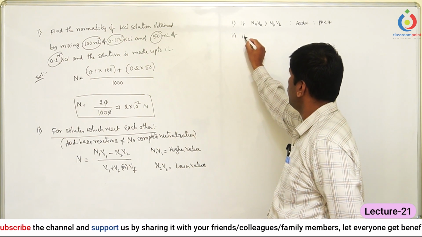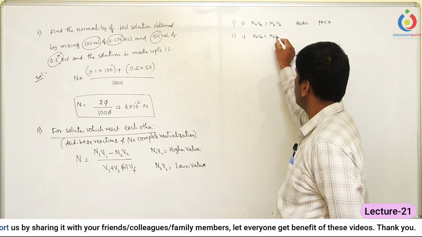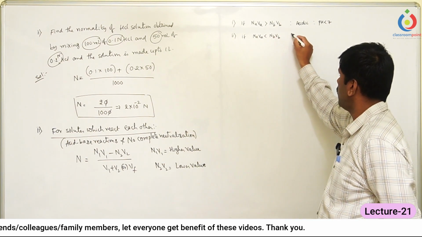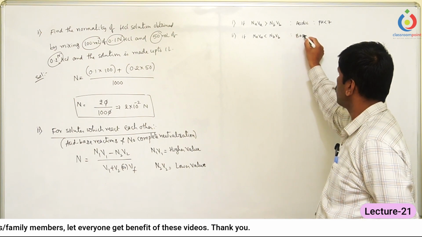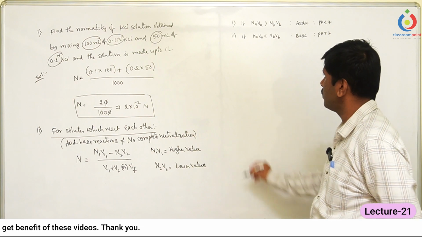Next, if the normality and volume of the acid is less than that of the base, so the base value is higher, then the solution is basic in nature and pH is greater than 7.